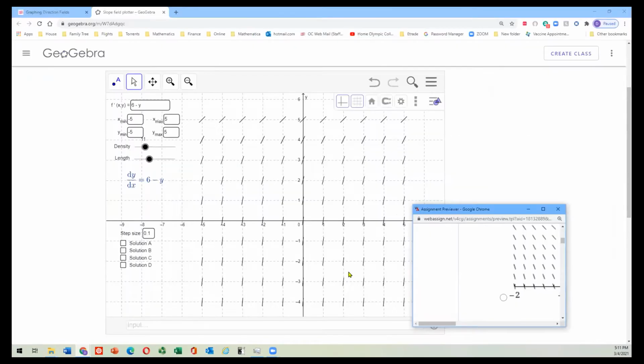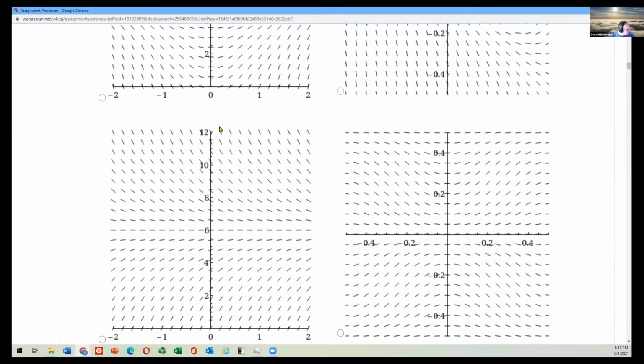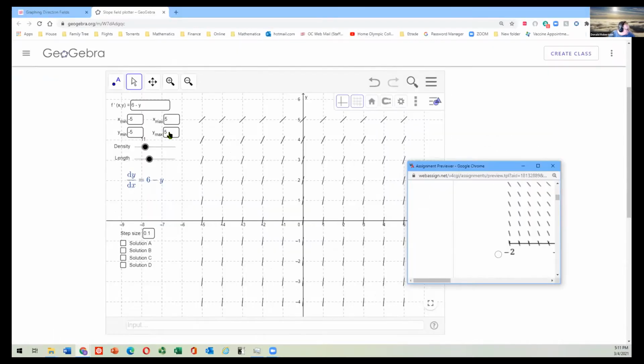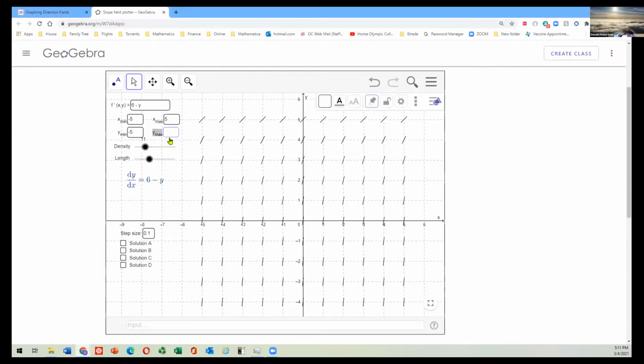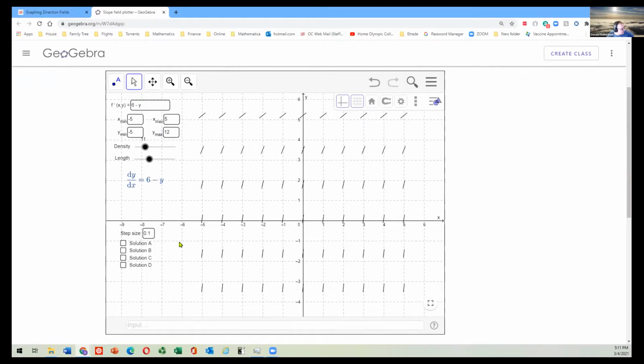So let's see if I can make it a little bit more obvious. It looks like in this picture here, they go all the way up to 12. Well, I would like to know what it looks like if you go all the way up to 12. So I'm just changing that to 12. Boom. It looks like that, but it doesn't.